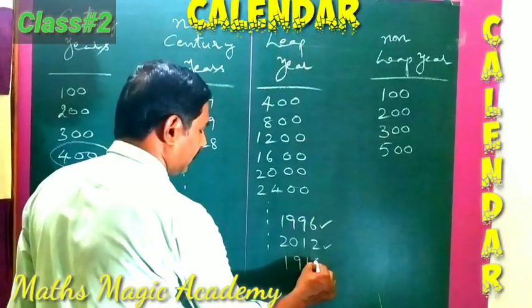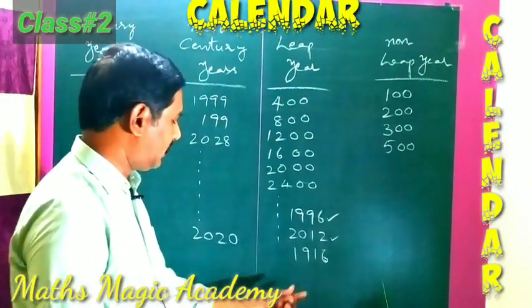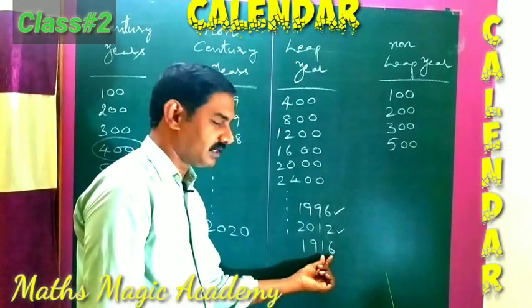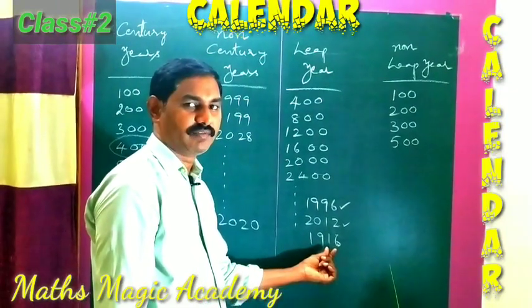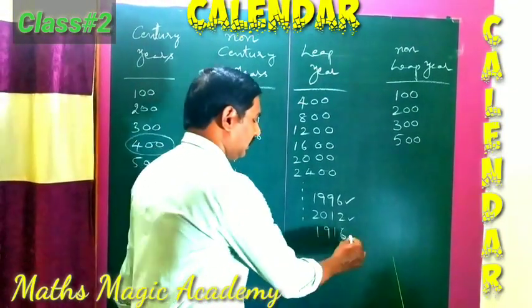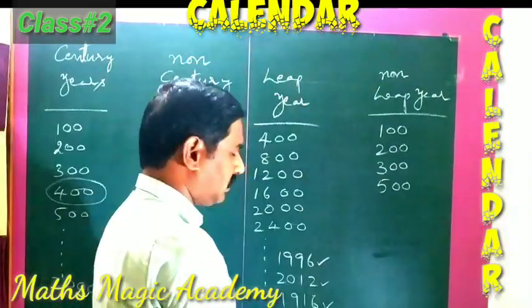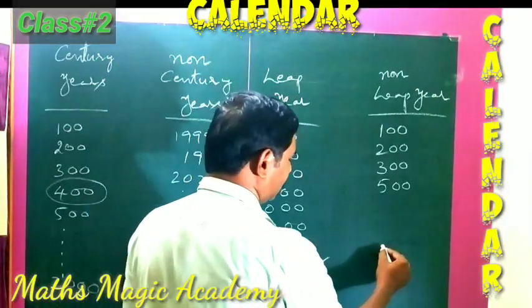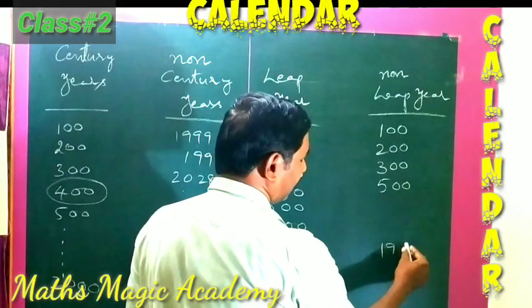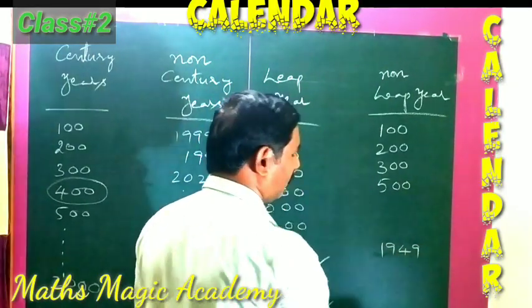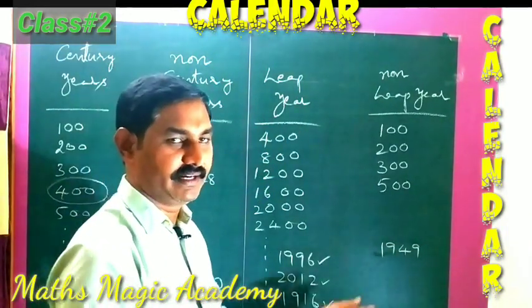And 1916. Here the last 2 digits, 16, are divisible by 4, so we can say it is also a leap year. And coming to non-leap years, 1949.